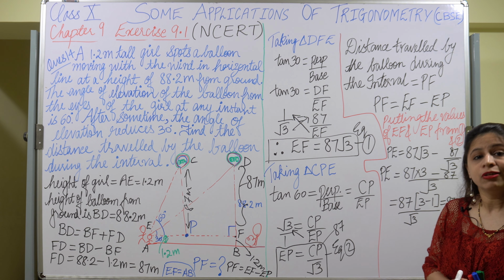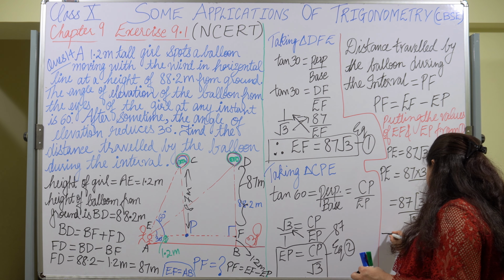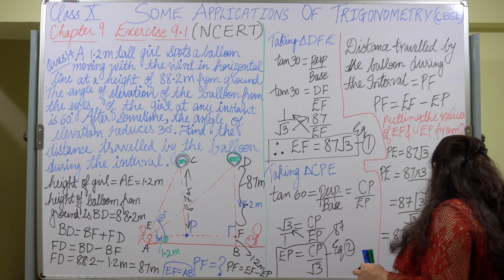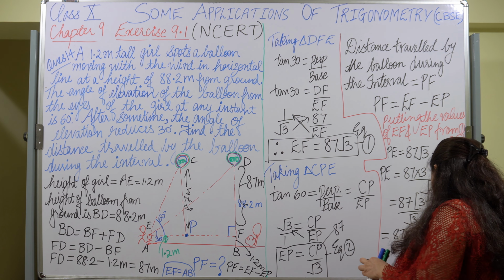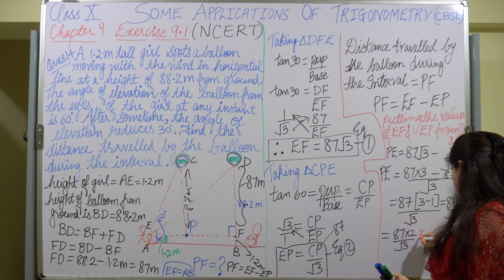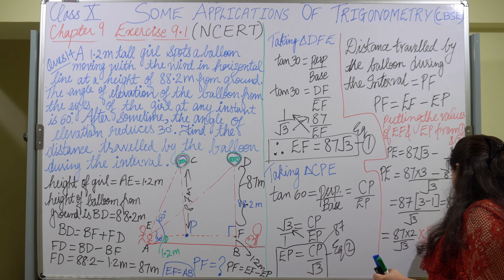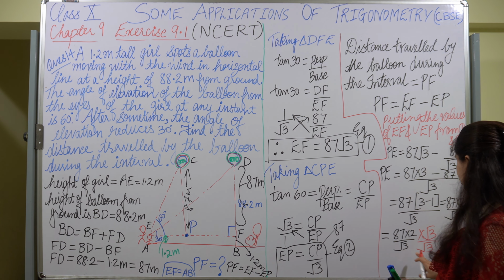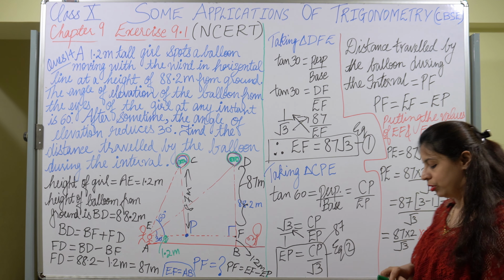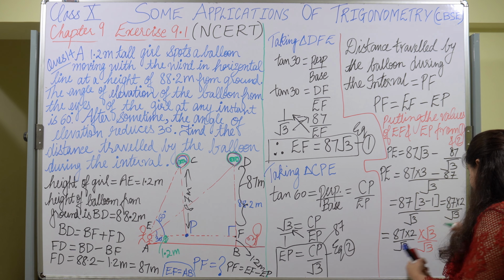So I need to rationalize it. I'll be multiplying by under root 3 in the denominator and the numerator. So under root 3 into under root 3 becomes 3.